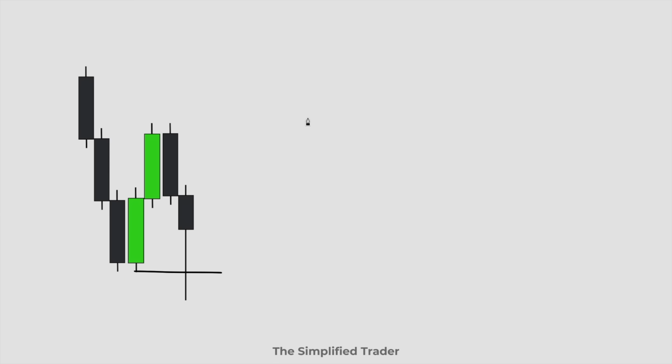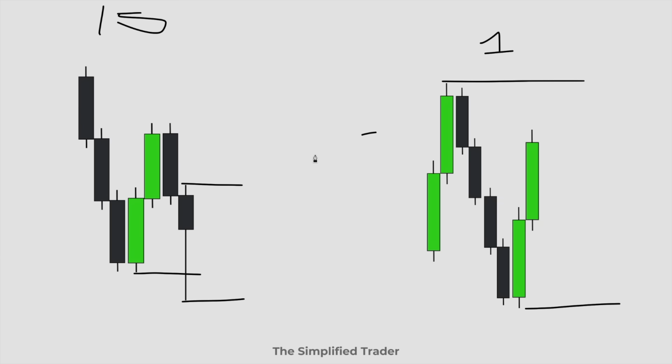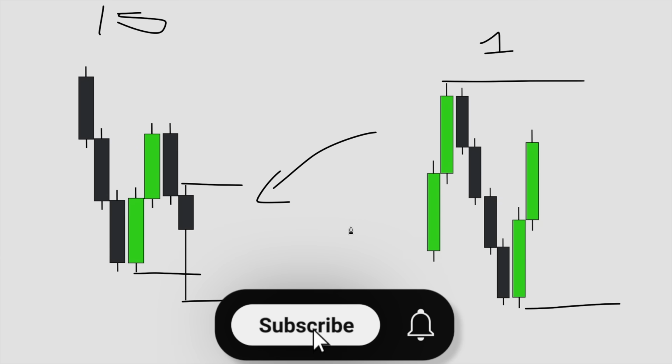So what is the next step? Again, my next step is after we get this fail to displace, we drop to the 1 minute time frame. So imagine this is my 15-minute time frame. Here I have my 1 minute time frame. We are looking at this candle's high and this candle's low. This is my absorption candle. So imagine that this 1 minute time frame's high and low correspond to that candle's high and low.